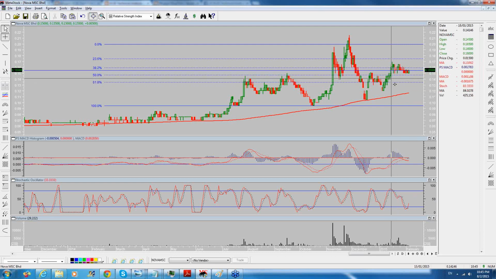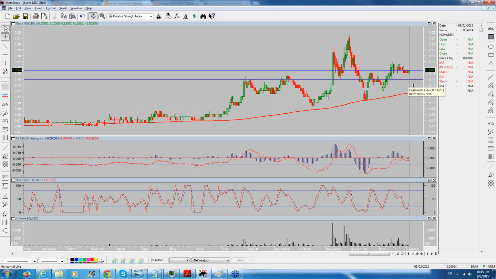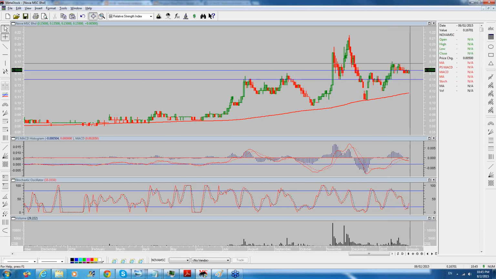And support level here is 145, 0.14. Okay. And the next resistance level is 165, right?